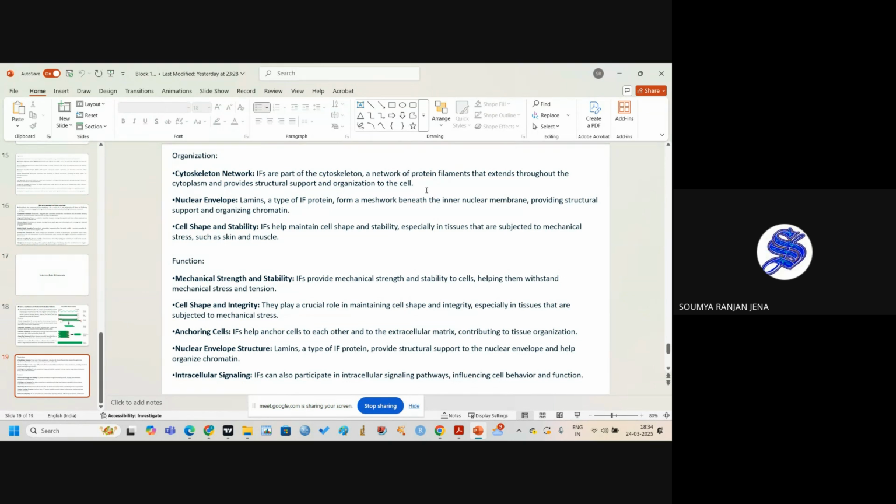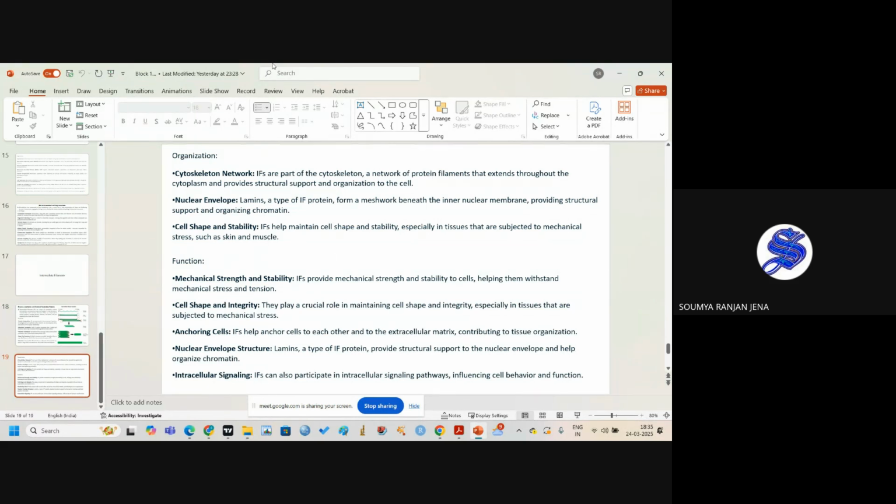And lamins, a type of intermediate filament, form a meshwork beneath the inner nuclear membrane, providing structural support and organizing chromatin. Lamin is very important for the organization of DNA molecules or different chromosome structures.